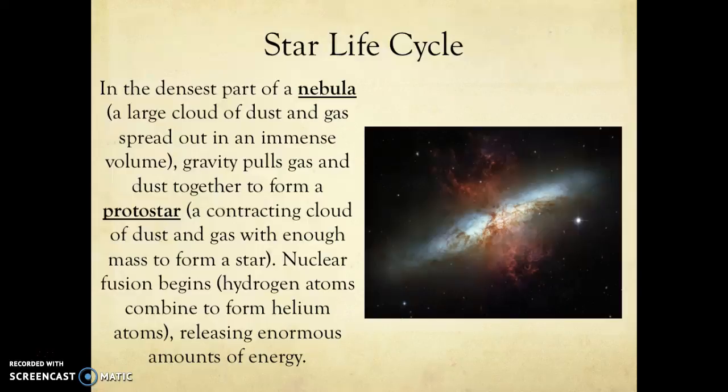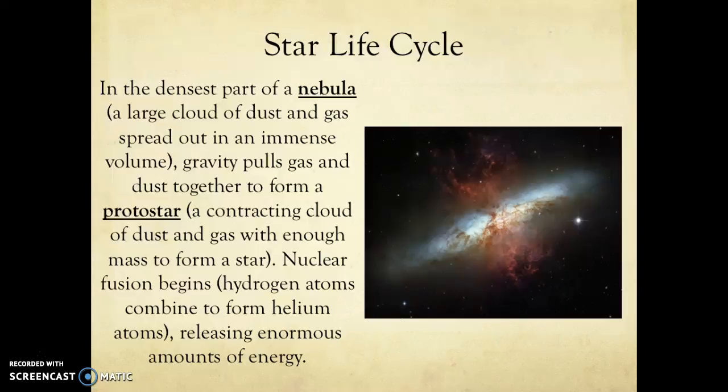Now, again, this is the same as the first step we talked about in accretion in the forming of a solar system. Now, as we talked about in there, the temperature and the pressure increases until hydrogen atoms start to fuse together.